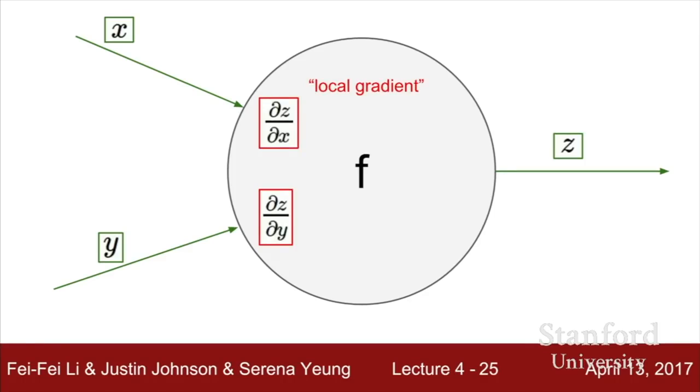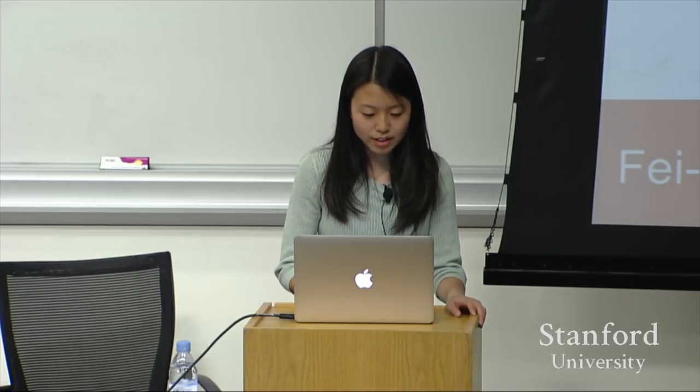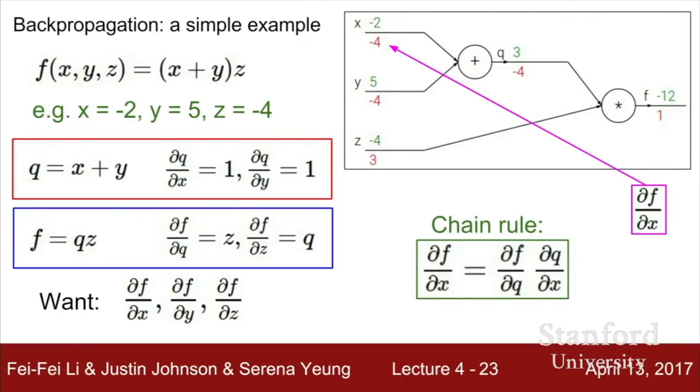And so, was there another question? Yeah. Negative, okay. So the -4. The green values on top were all the values of the function as we passed it forward through the computational graph. We set up here that x is equal to -2, y is equal to 5, and z equals -4. We filled in all of these values, and then we wanted to compute the value of this function.